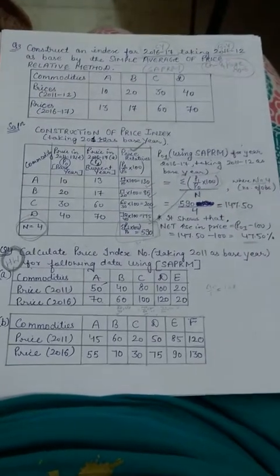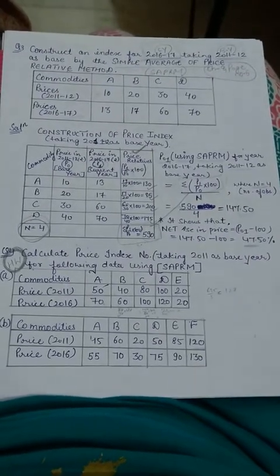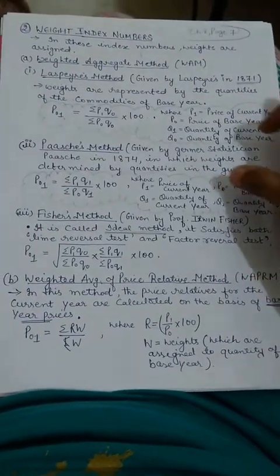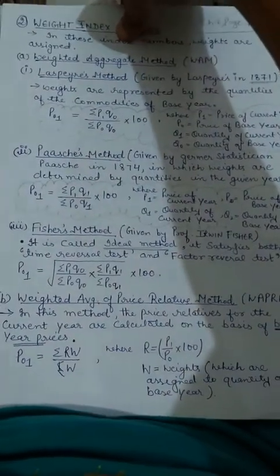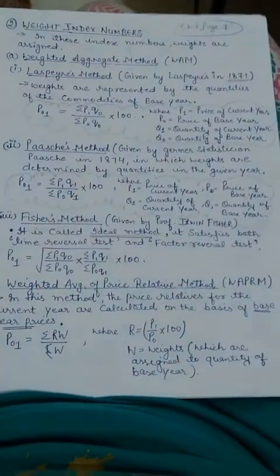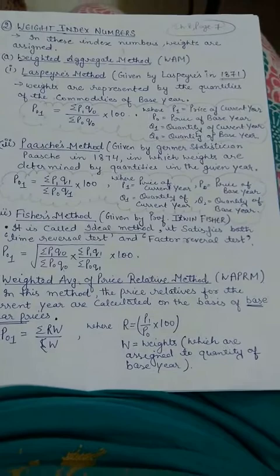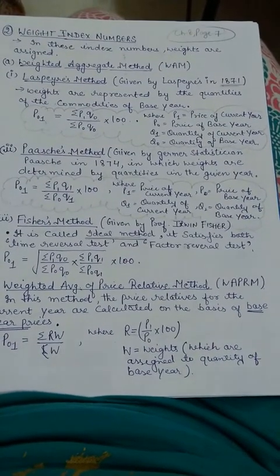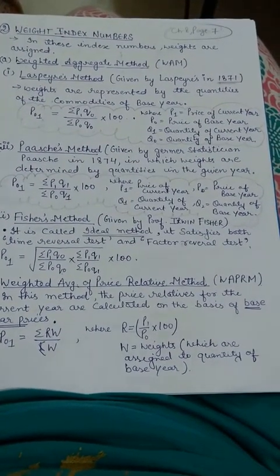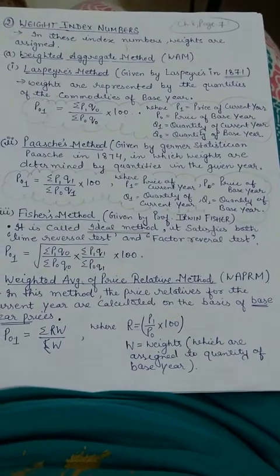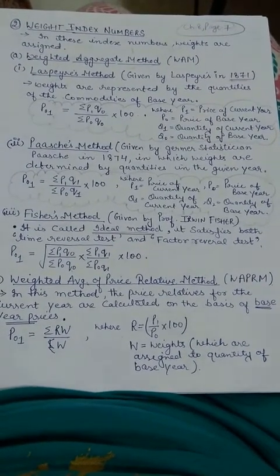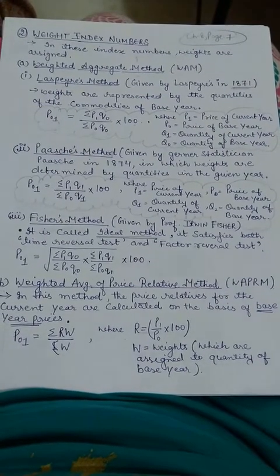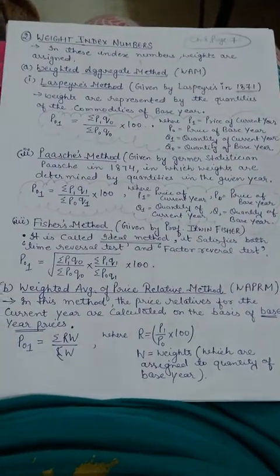The next one is your weighted index number. What is that? Weighted index number. According to your topic number 4, now we have the ways to find the weighted index numbers and how to calculate the weighted aggregate method.